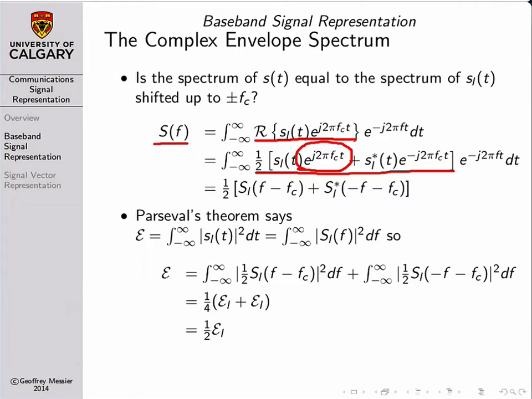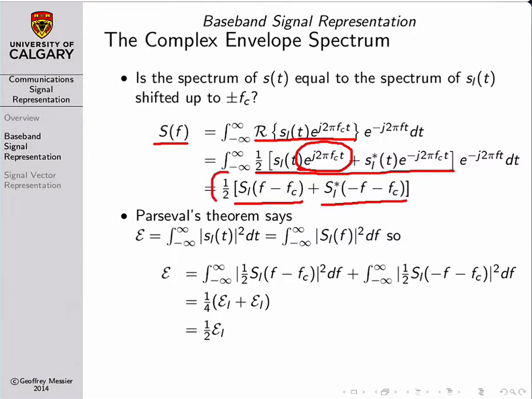This is just from the properties of the Fourier transform, and you can see this in any standard Fourier transform table. So if we express the Fourier transform in the frequency domain, we see that the spectrum of our passband signal is equal to 1/2 times the baseband signal spectrum shifted up to Fc, plus the conjugate of that spectrum shifted down to minus Fc.